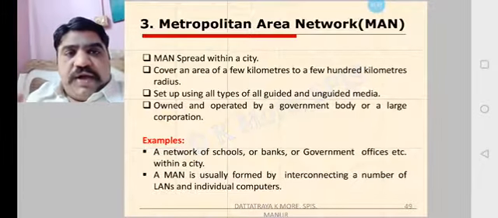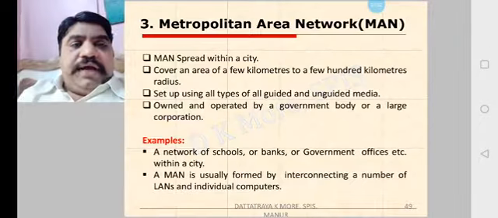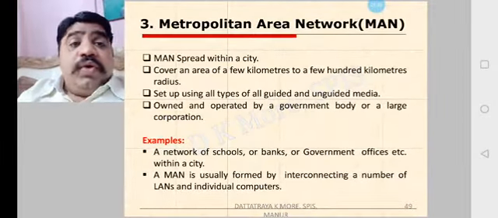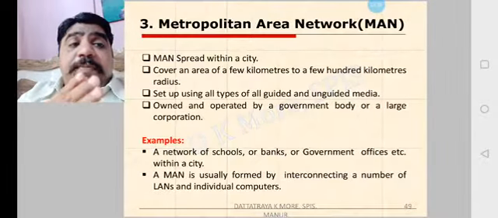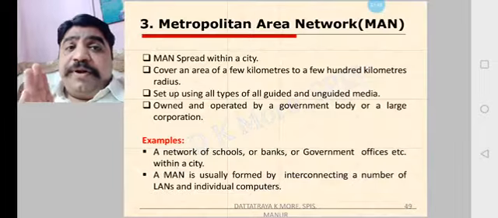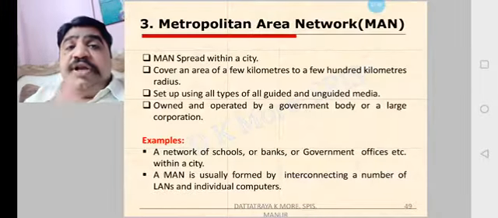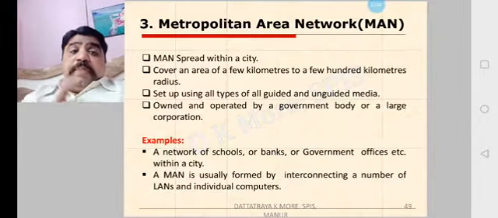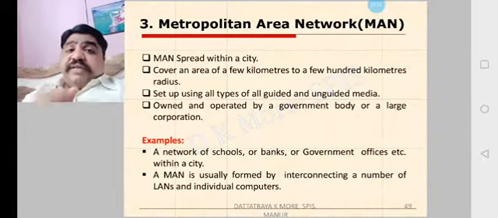Guided means wired, and unguided means wireless, like Bluetooth, infrared, even microwave and radio waves. It is owned and operated by a government body or a large corporation. It can be operated only by a government body or any big organization. Example, a network of schools, banks or government offices, etc.